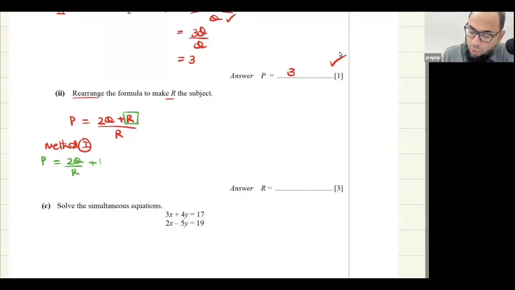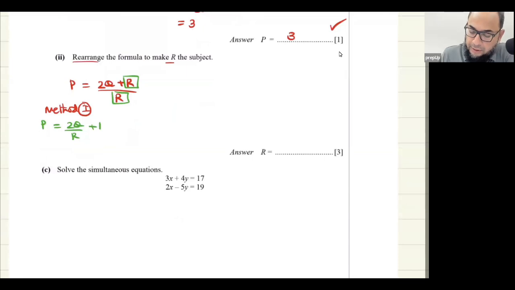So this r over r becomes 1. So now P minus 1 is equal to 2q over r. So cross multiply, and this P minus 1 I'm putting inside a bracket. So therefore r is equal to 2q over (P minus 1). That's one approach that I've done.